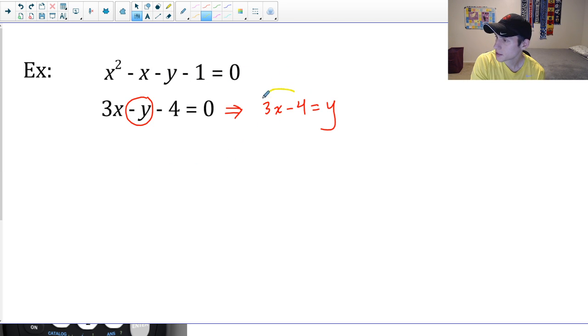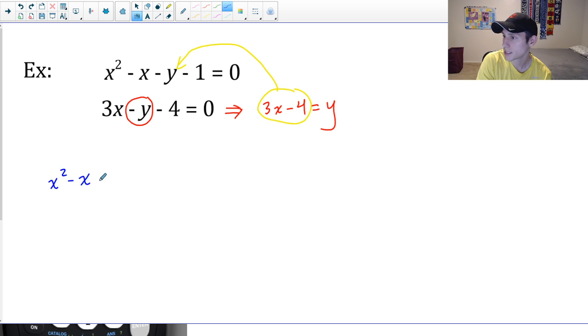That's great, because then I can take this 3x minus 4 and substitute it in for y in my first equation. Solving by substitution, a method that we're familiar with. So now that first equation is x squared minus x minus y, but y is 3x minus 4, minus 1 equals 0.